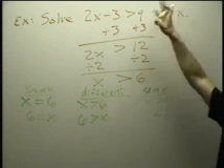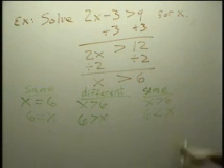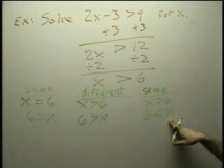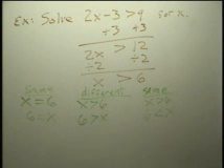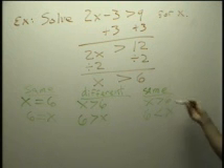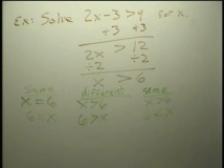So if I were to go through and solve an inequality and I end up with x on the right side, but I'm used to seeing x on the left side, so I want to reverse my sides, I can do that as long as I also reverse the symbol. Okay? So there is the first difference between solving an inequality and solving an equation.